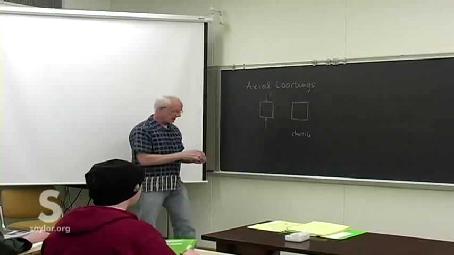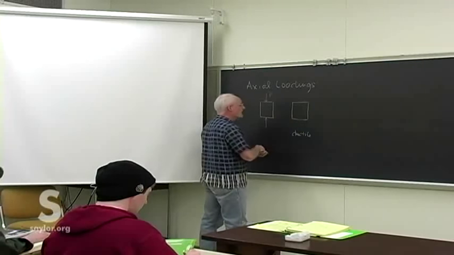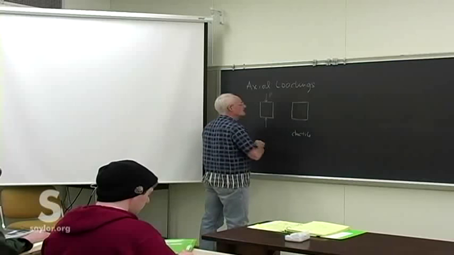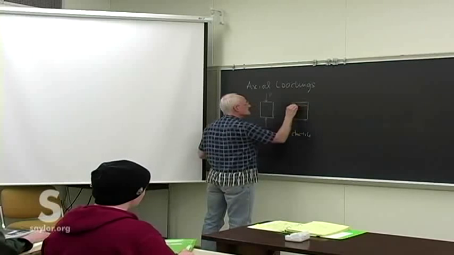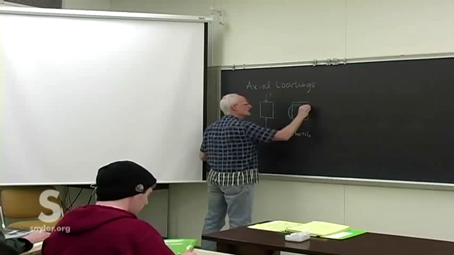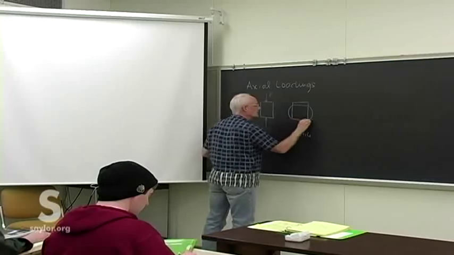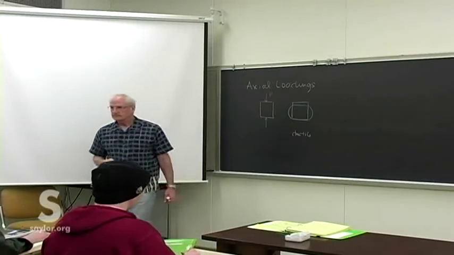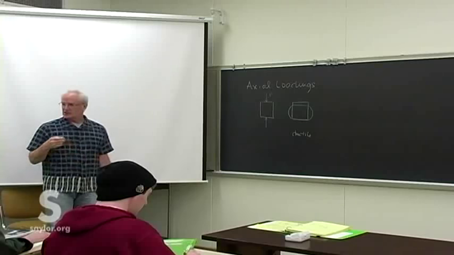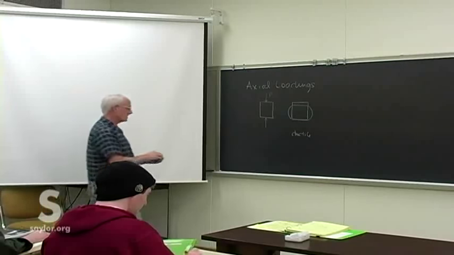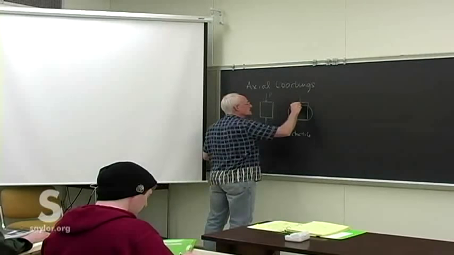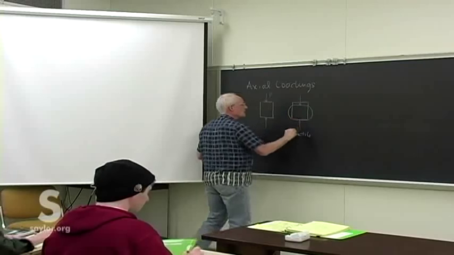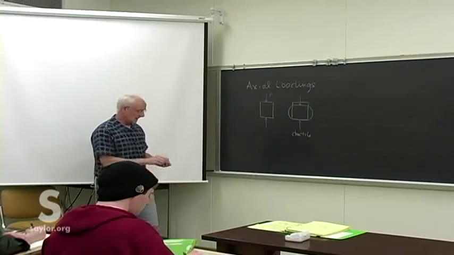for ductile materials under this kind of loading, they would tend to deform something like this. And we did look at that a bit when we looked at the different strains in the different directions with Poisson's ratio. So a ductile material would tend to deform like that.